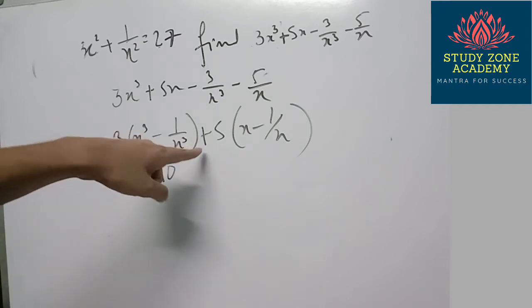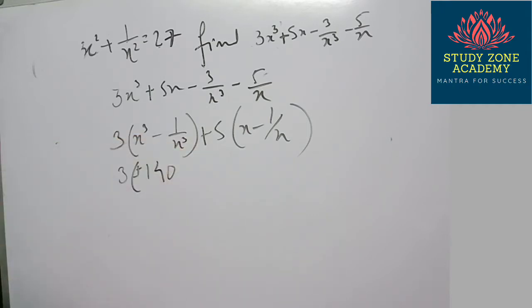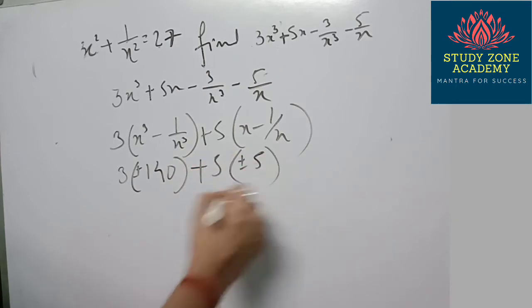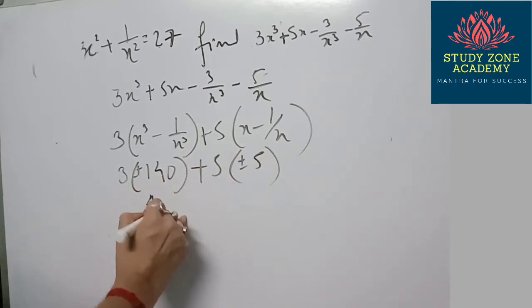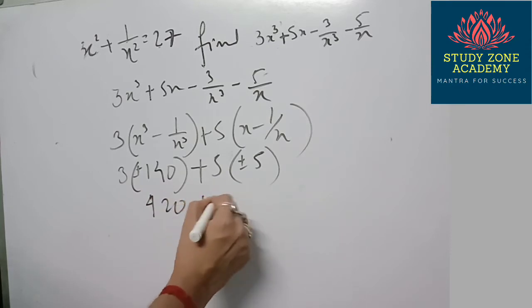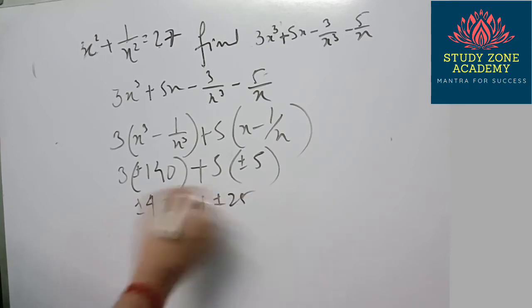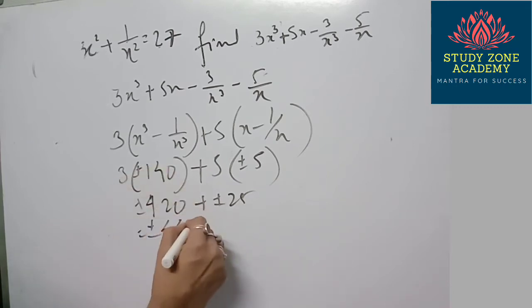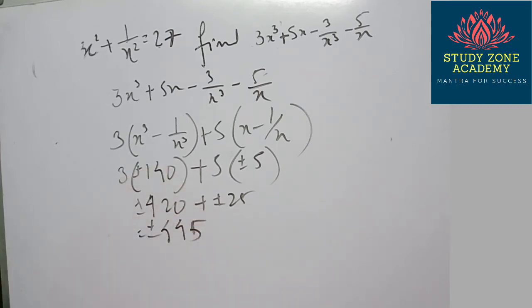Okay, this plus sign. Fine. 5 is going to be plus minus 5. So it will be 420 plus minus 25. So it will be plus minus 445. I hope it's clear. Fine. Let us move on to the next sum.